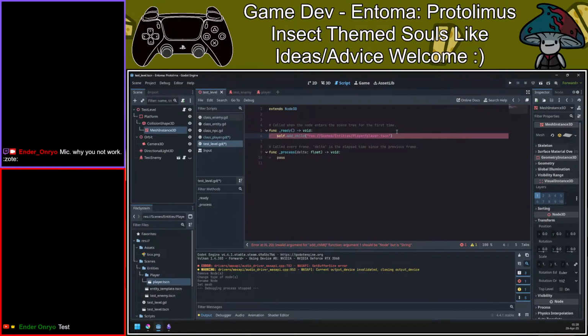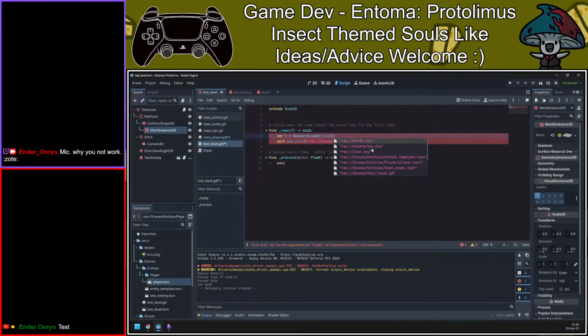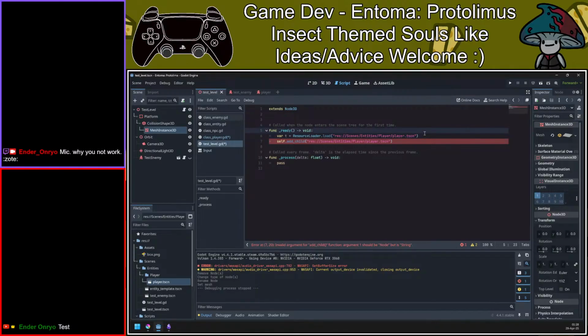Resource loader dot load player. Scenes entity player.